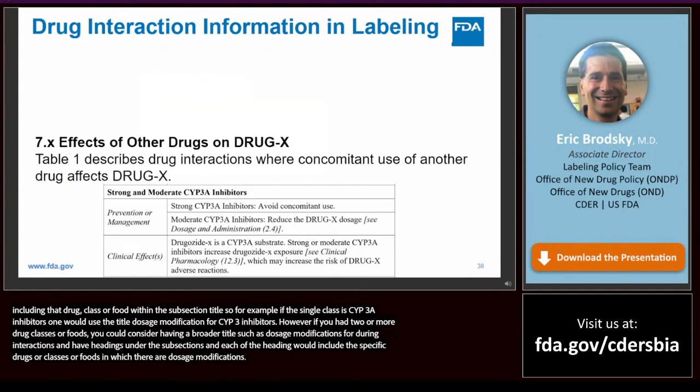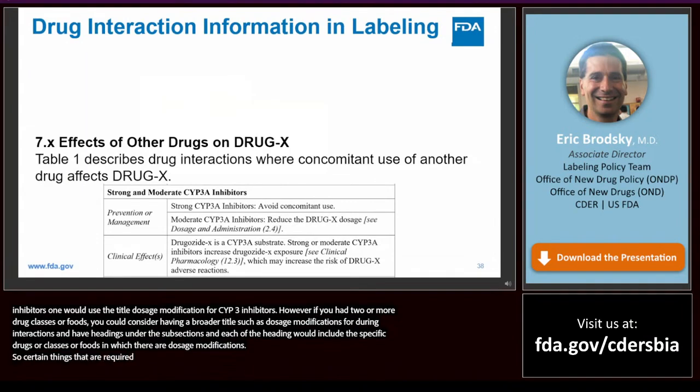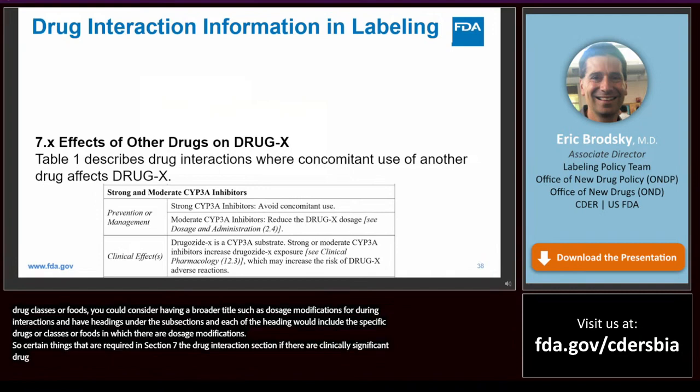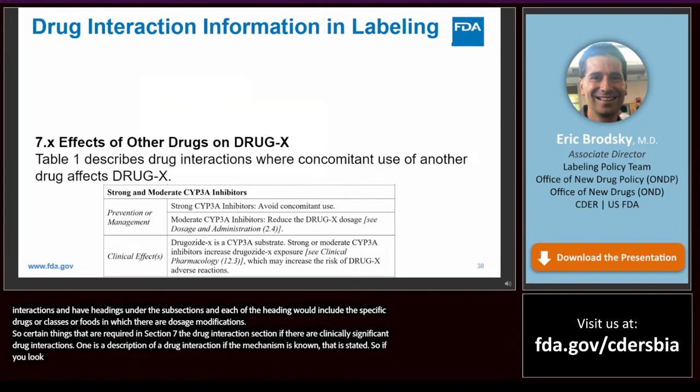Certain things are required in Section 7, the drug interaction section, if there are clinically significant drug interactions. One is a description of the clinically significant drug interaction. If the mechanism of the drug interaction is known, that is stated. If you look at the last row, that includes that information. The mechanism: drug X is a CYP3A substrate.